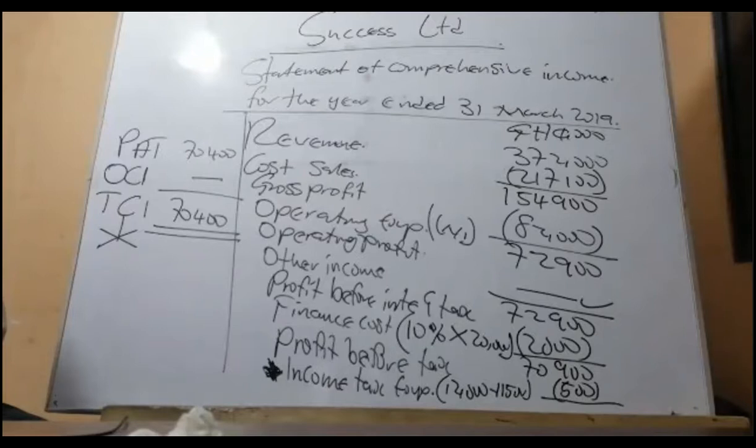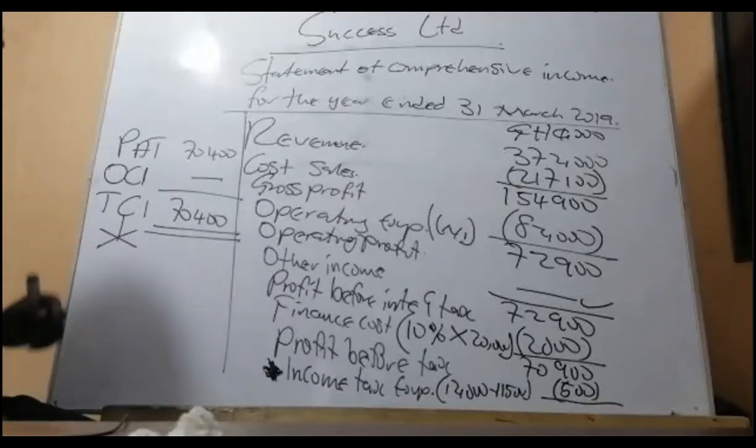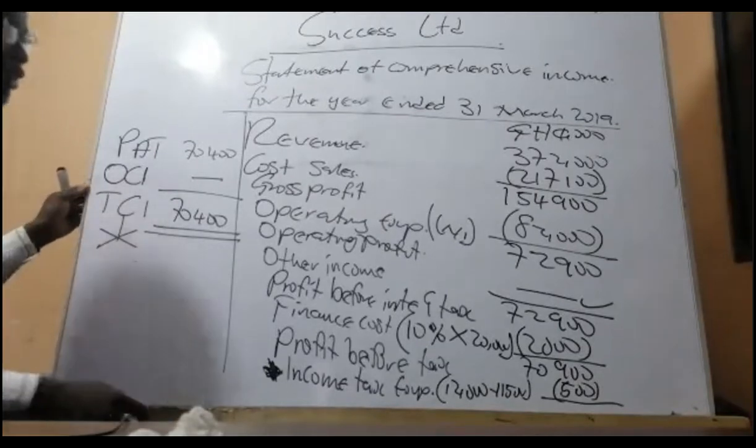Okay, with that one, three protocols will work here. First, the name of the company. Second, the requirement: check the currency or the reporting currency.